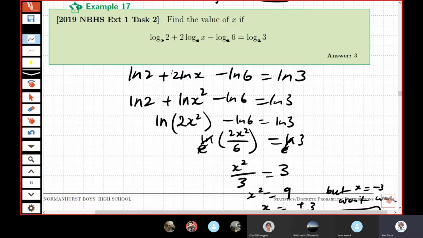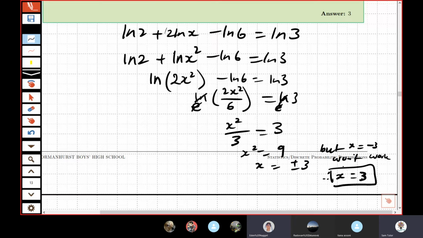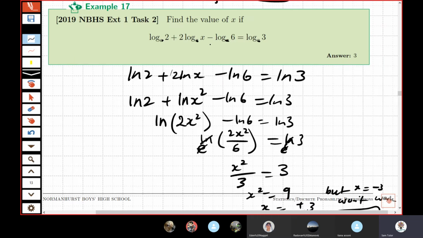Sub it in. 2 log -3, sub it into your calculator. It gives you a math error. If it did work, absolutely put it in. Like if this was 6 take away x instead of x, what's 6 take away -3? That becomes 6 plus 3, which is 9. x equals -3 would work now. But because it's x, it just won't work.